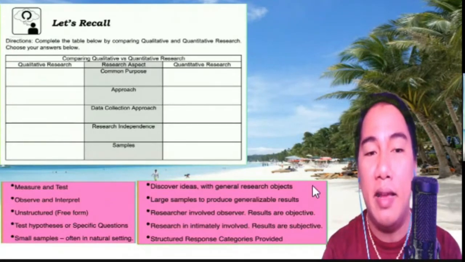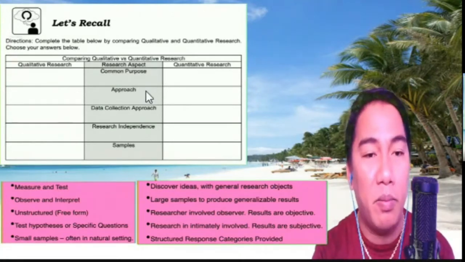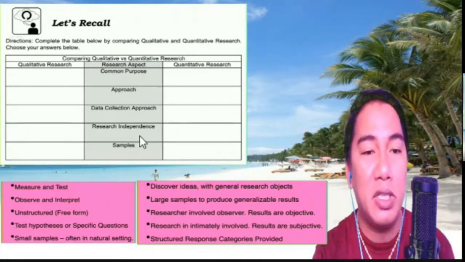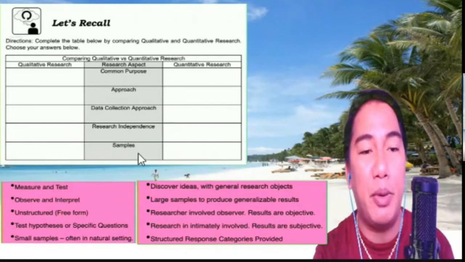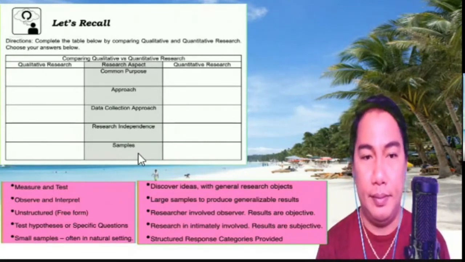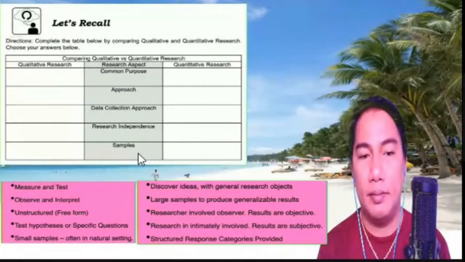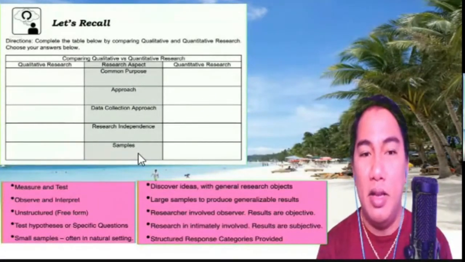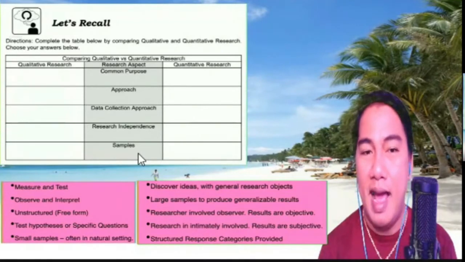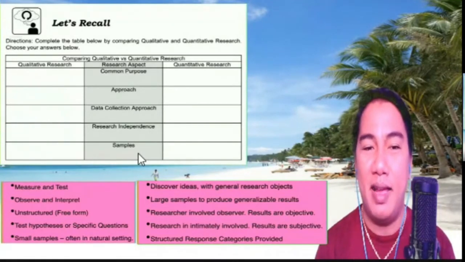Quantitative. Very good. So where are we going to put that? Common purpose, approach, data collection, research independence, or samples?